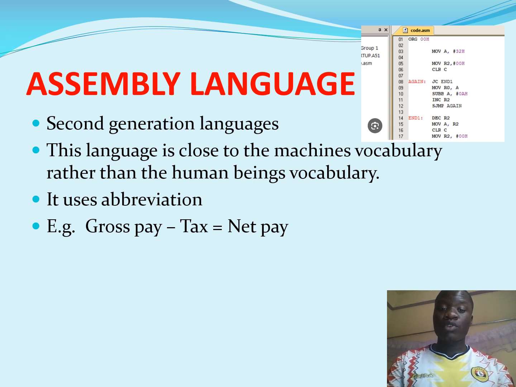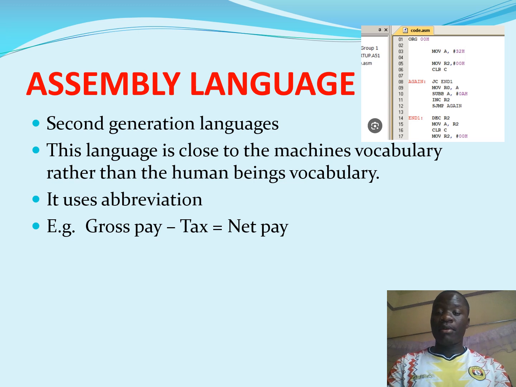For example, you can see gross pay minus tax is equal to net pay. For those who are paid, for example, by government, they know that thing, whereby gross pay is what you are supposed to get in full, but when you subtract tax that is imposed on each and every employee, the balance is net pay, and that is what you get. So for assembly language, here we use abbreviations.